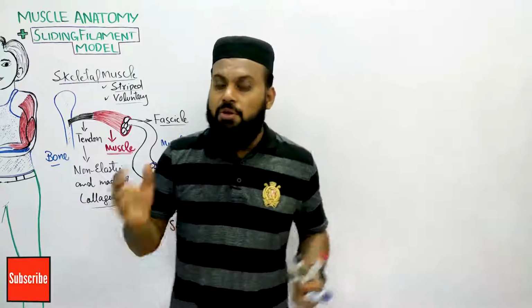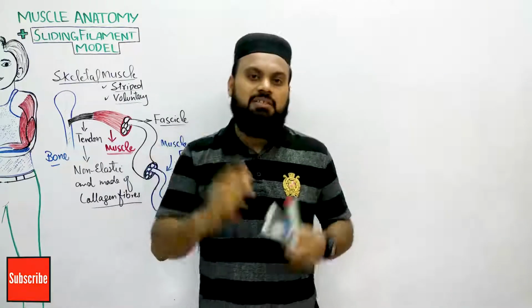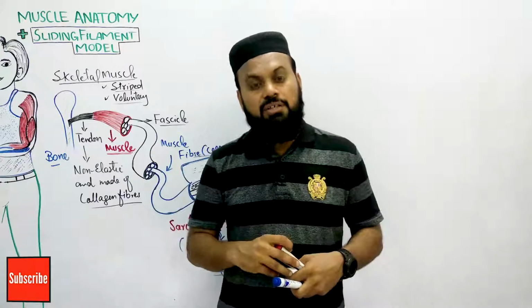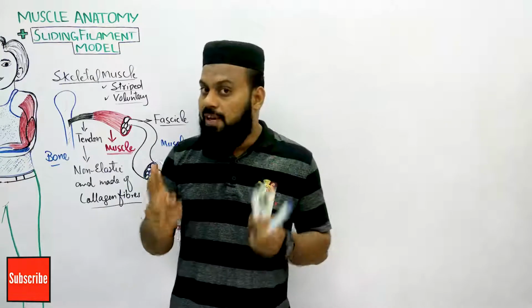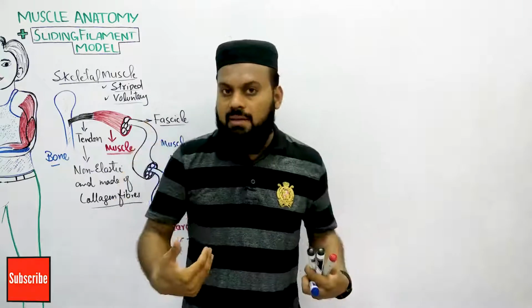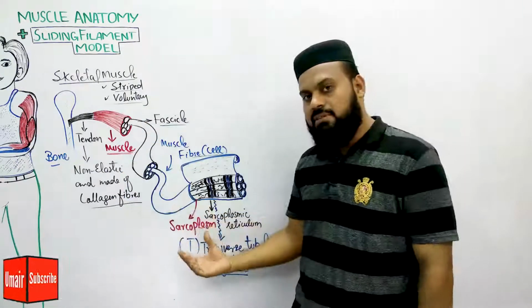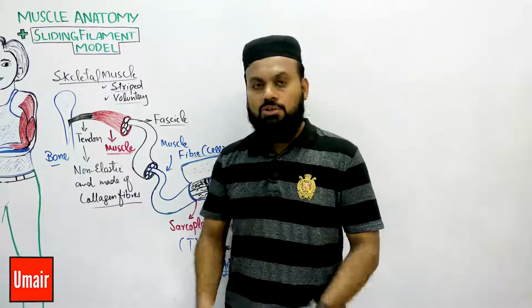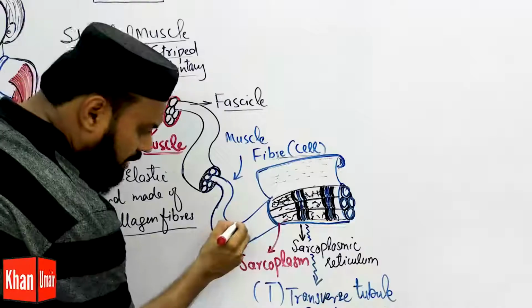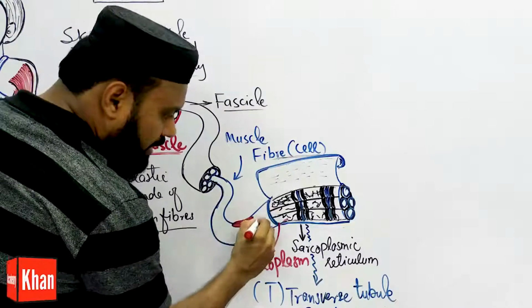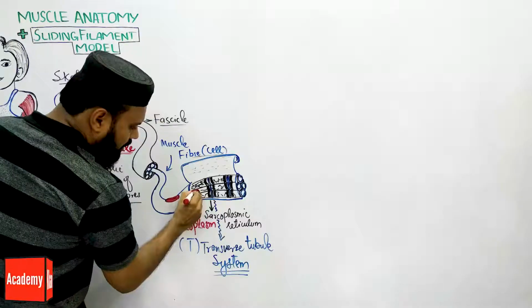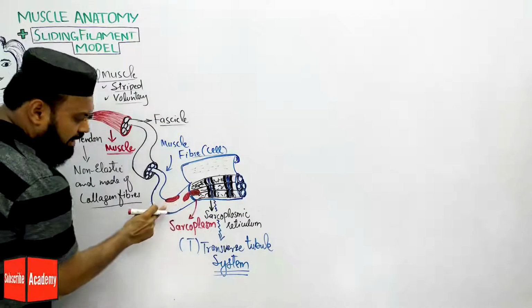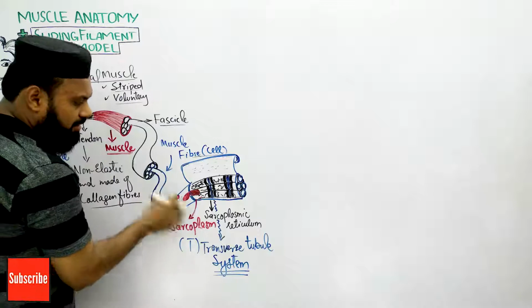Actually, when we talk about smooth muscle, then it is uninuclear, but when we talk about the cardiac muscle and the skeletal muscle, they are multinucleated. So where are the nuclei? Here they are, 1 and 2. Now you will say that they are present on the skin or under the skin.